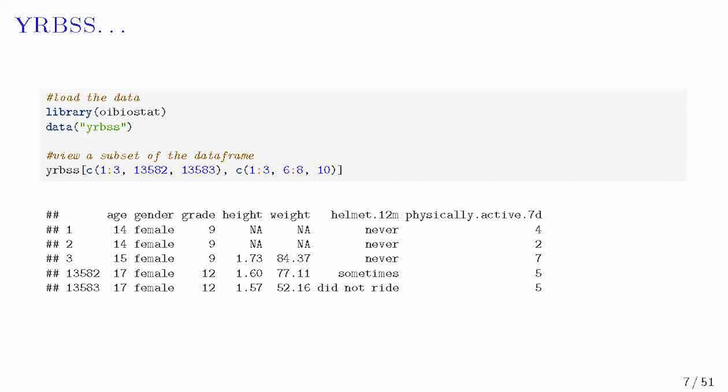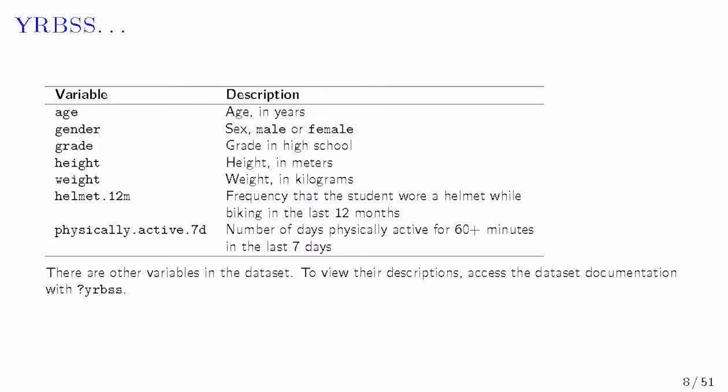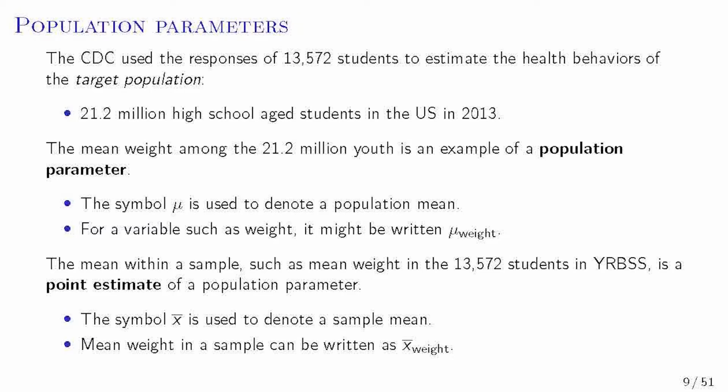We only see 5 of them, the first three and presumably the last two, just so that it fits on a page. It's a good idea whenever you have a data set to write this down. Having a little bit of a description for each variable is a good practice.